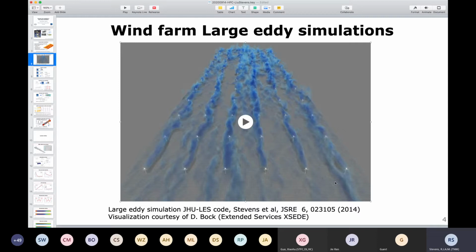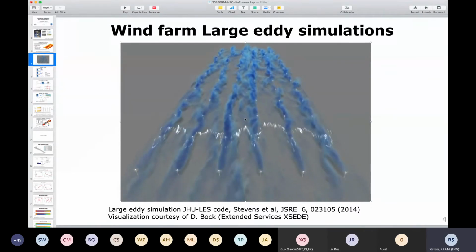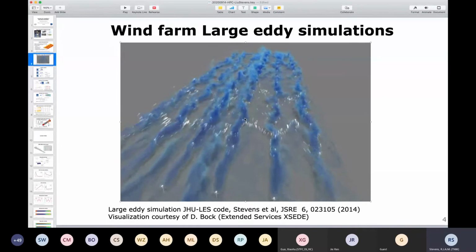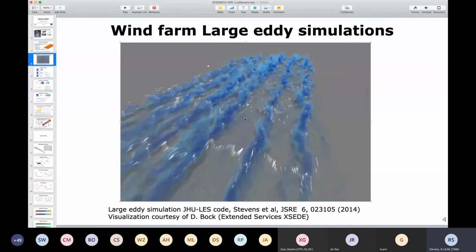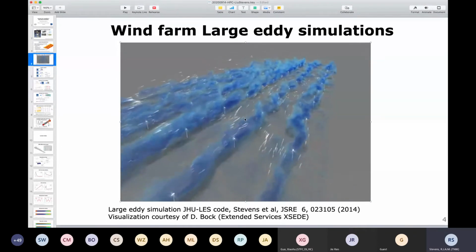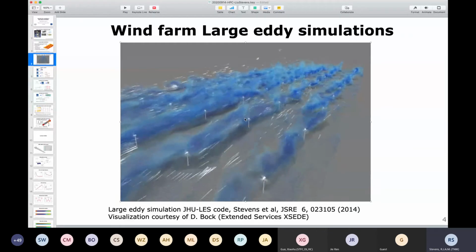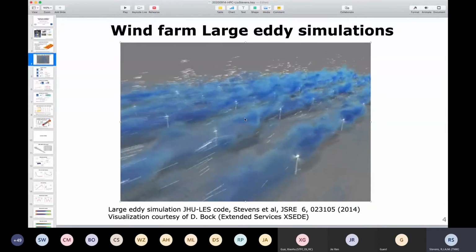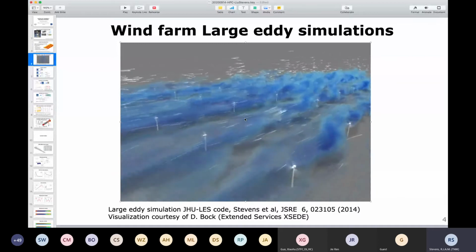Further downstream in the wind farm, we see the interaction between these different wakes, and especially in that region the dynamics become very, very complex. The white particles indicate tracer particles that are following the flow, showing how turbulent this flow is. This is one of the reasons why we're using these time-resolved simulations, justifying the need for high performance computing.